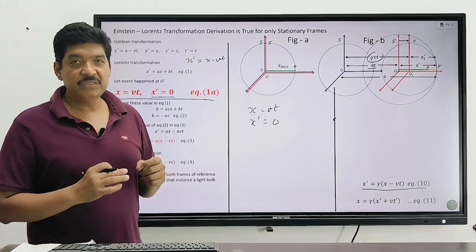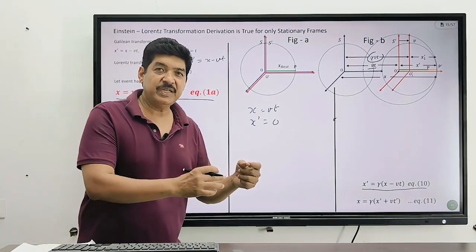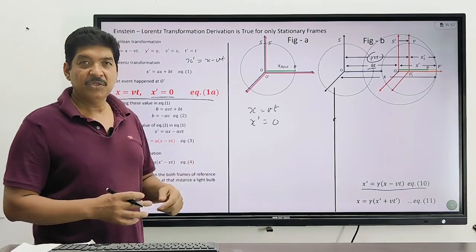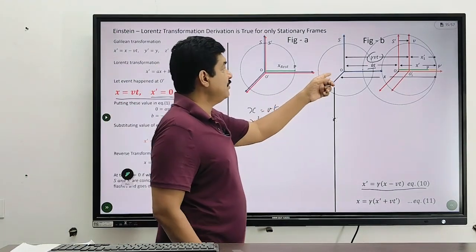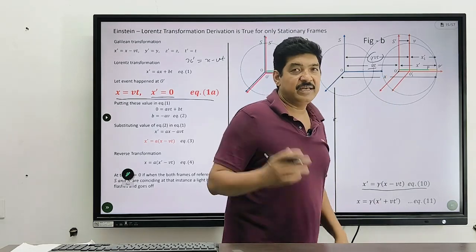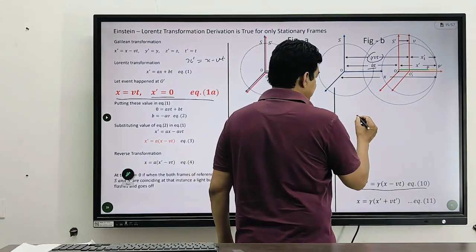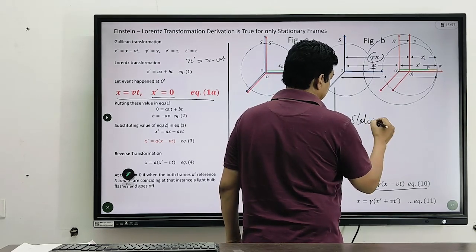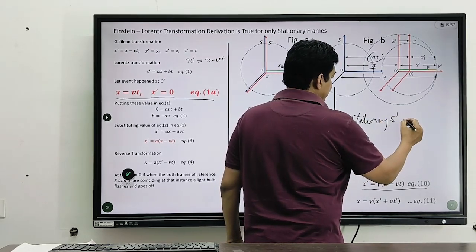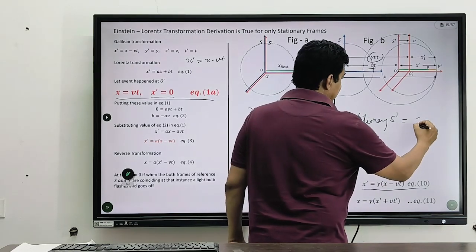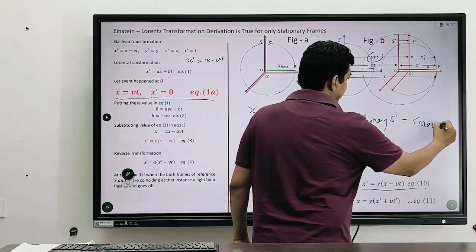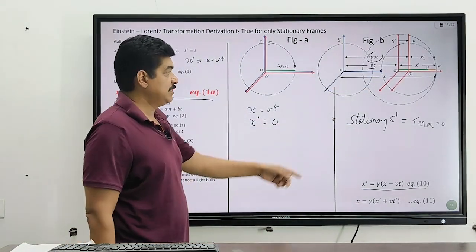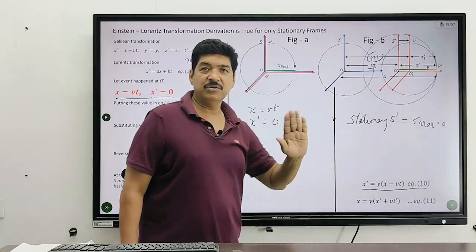If you use this equation for a moving or relative frame of reference, then the error will creep in. So what will be the error? When this frame of reference is stationary, the error is 0. If the S prime frame of reference is stationary, there is no error.